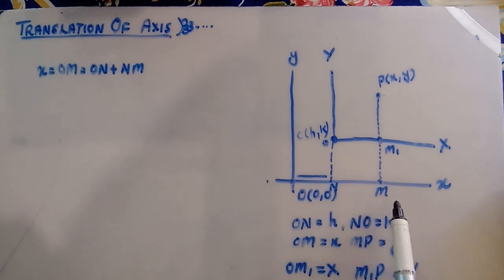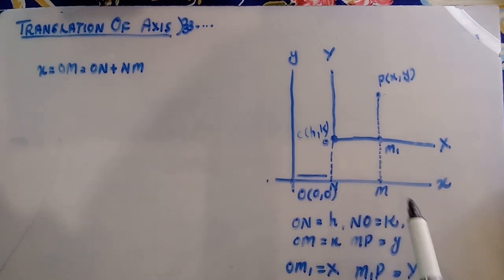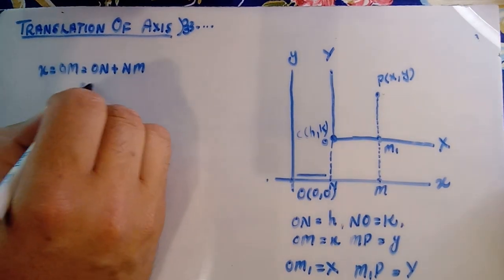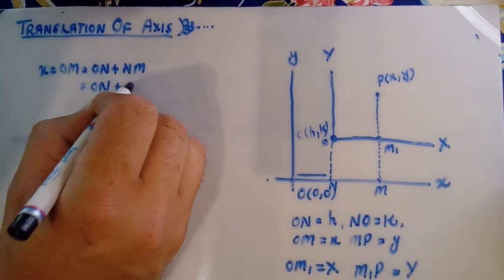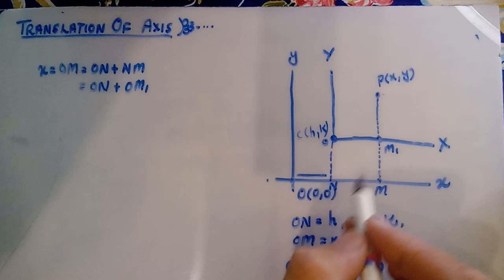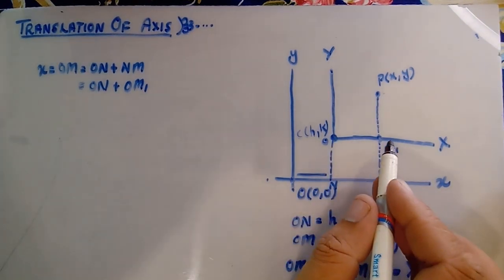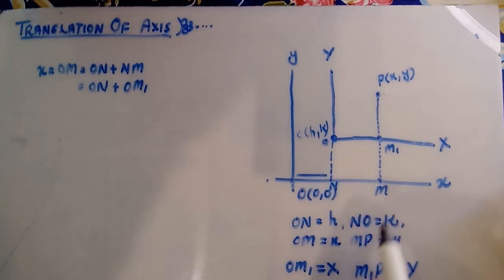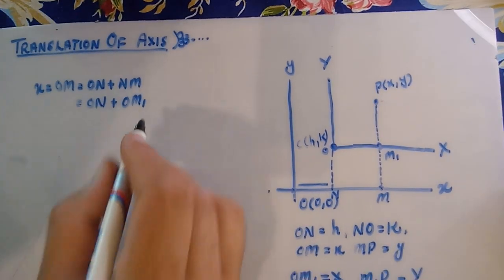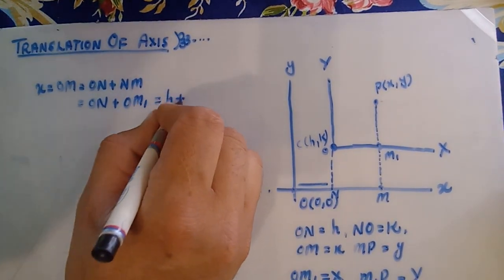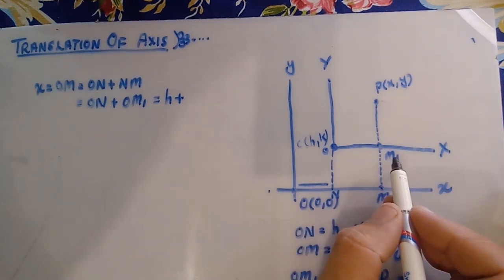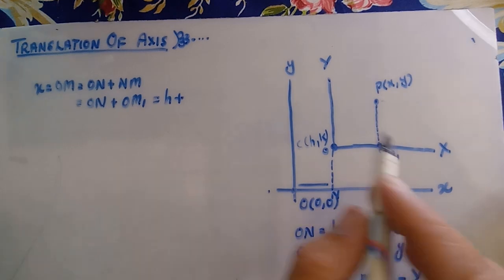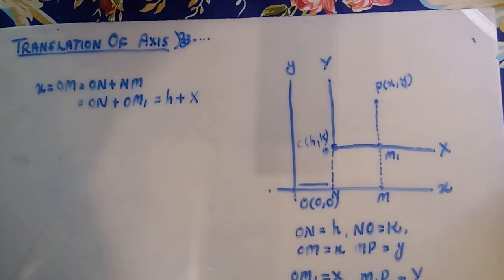We can also write it as ON plus O'M1, and we know that ON is equal to h. So this will be equal to h plus O'M1, and O'M1 is equal to X, so it is h plus X. This is capital X.